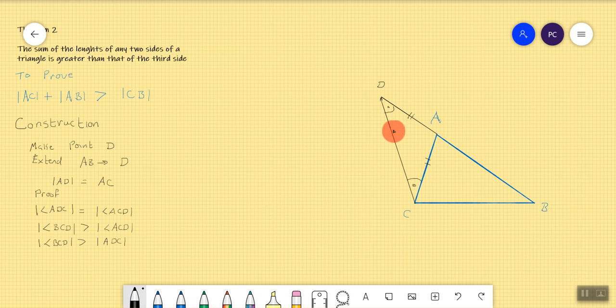Now, what we can also say is that if we take the triangle BCD, then this length here is the longest, the biggest side. So the side D to B is going to be the biggest side because it's opposite the biggest angle.